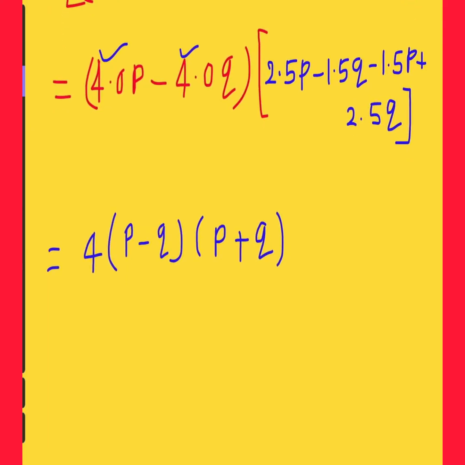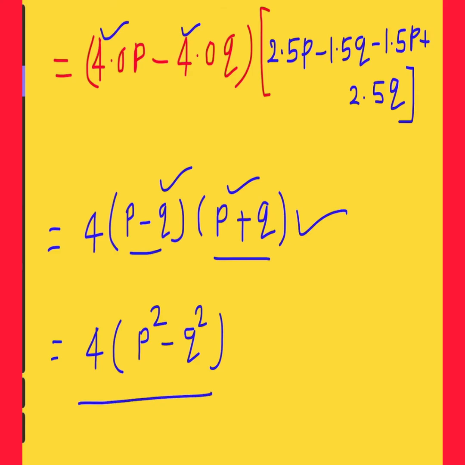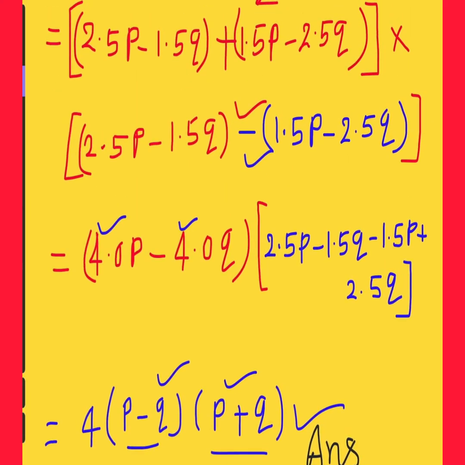After that, dear, now you can write this as the answer, otherwise you can use the identity once again, because (a − b)(a + b) gives a² − b². You can write it like this too, otherwise this is the final answer of this question. So in this way we can solve it in 2 steps only. This was one method.